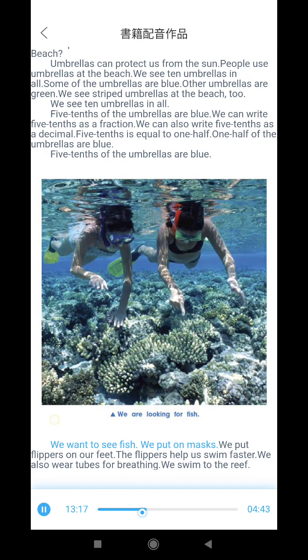We want to see fish. We put on masks. We put flippers on our feet. The flippers help us swim faster. We also wear tubes for breathing. We swim to the reef.